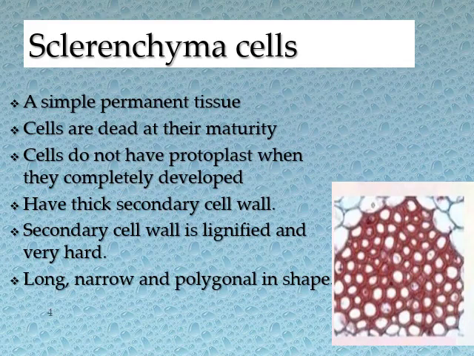So here we have another permanent tissue, that is Sclerenchyma cells. Simply, these are simple permanent tissues that possess the deposition of lignin, or these are lignified tissues that lack protoplasm at maturity.